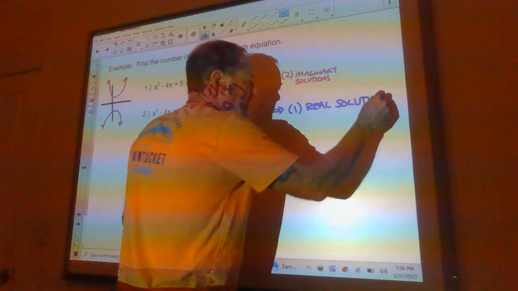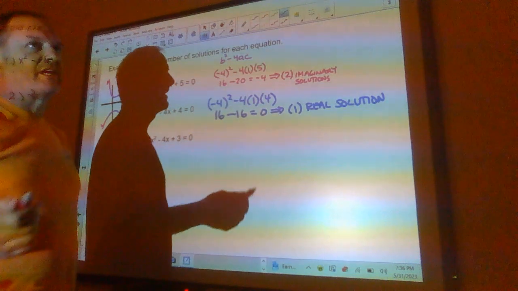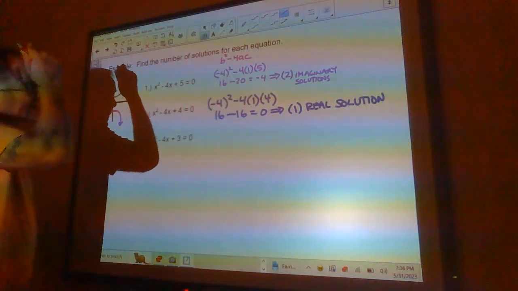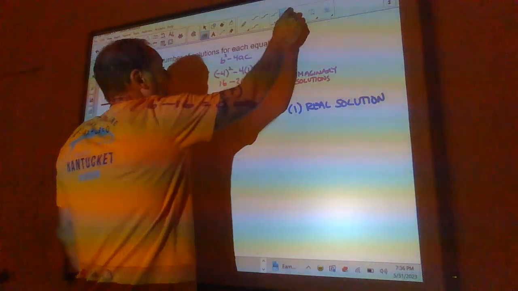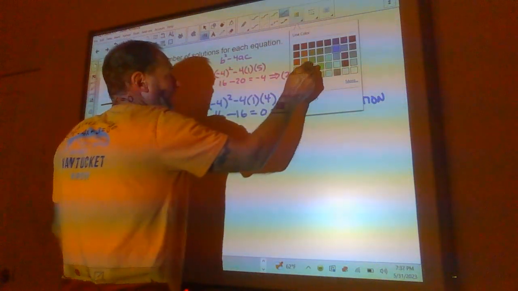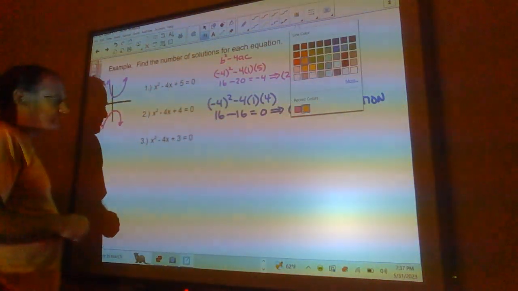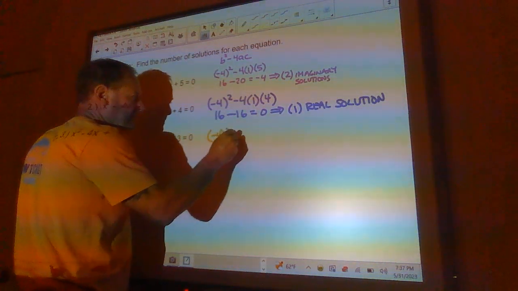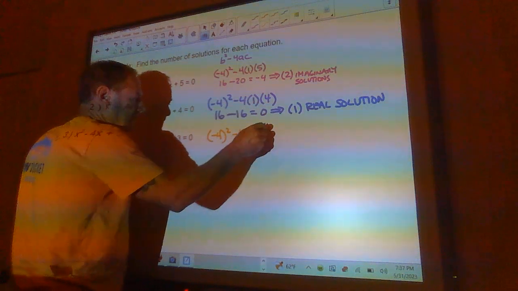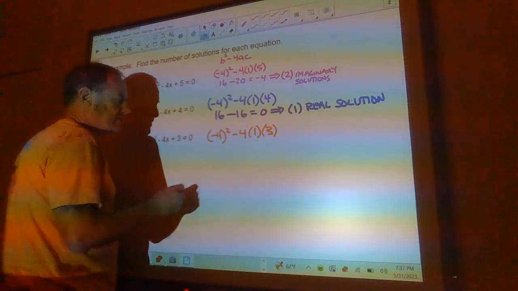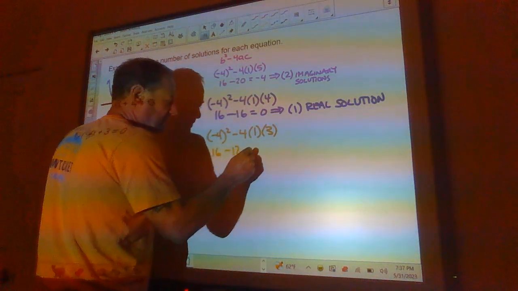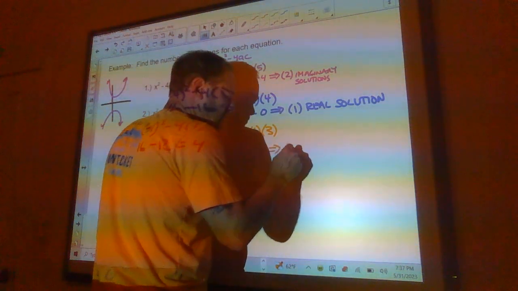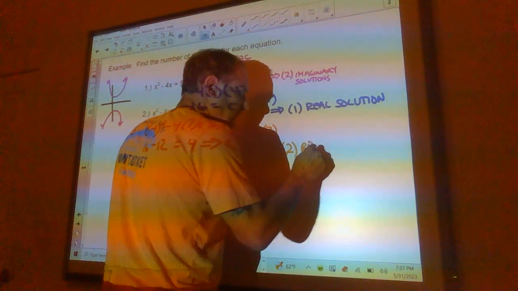Now, really it has 2 solutions, but they're the same answer, so it's 1 real solution. Okay. And let's see, the last one. This one's going to be -4 squared again, -4ac. So this is going to be 16 minus 12, which is 4, which tells me it has 2 real solutions.